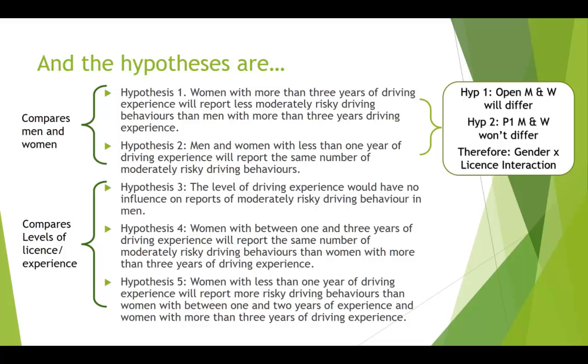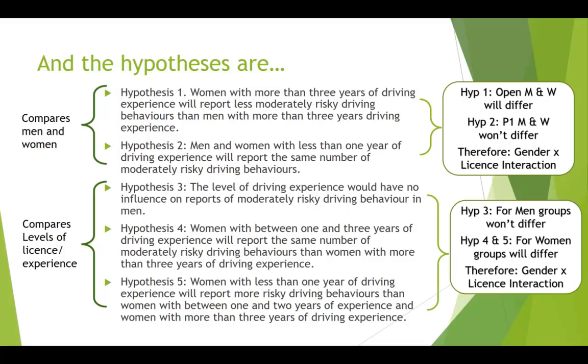The second set of hypotheses, again, if you add them up, they also predict an interaction. It's the same interaction, gender by license, but for a different reason. The reason here is Hypothesis 3 says the men don't differ across license groups. Hypothesis 4 and 5 describe ways in which women do differ across license groups.